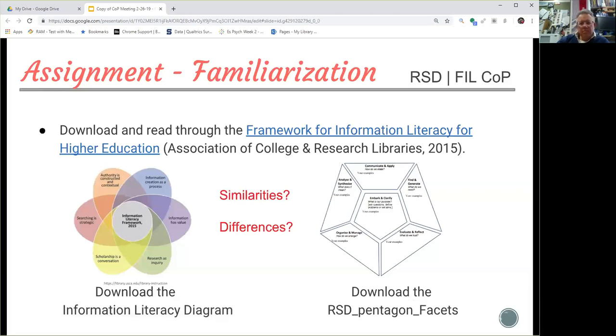But there are these overarching themes and overarching frames that go with it. So: information has value, research as inquiry, scholarship as a conversation, searching as strategic exploration, authority is constructed and contextual, and then information creation is a process.